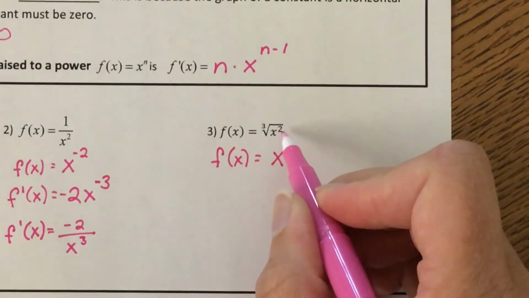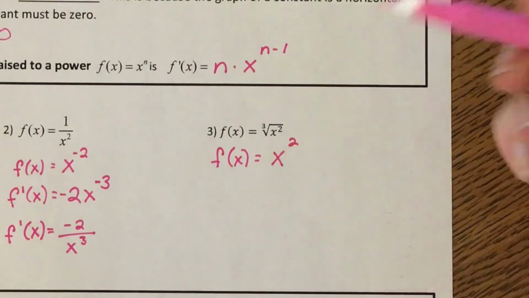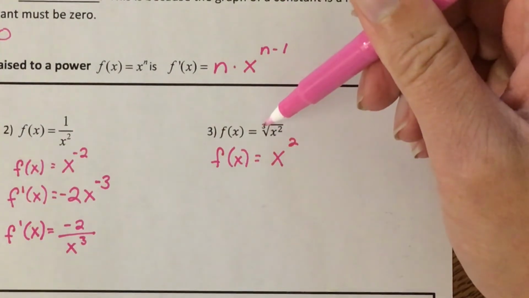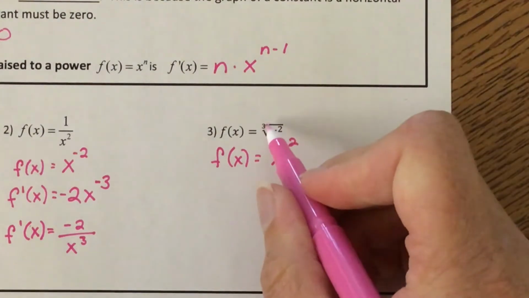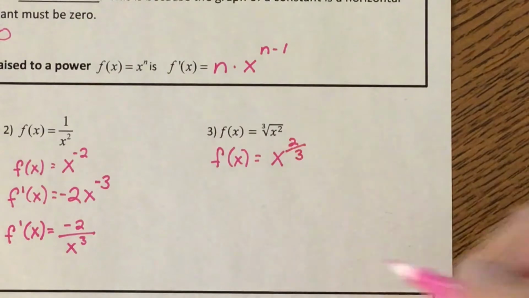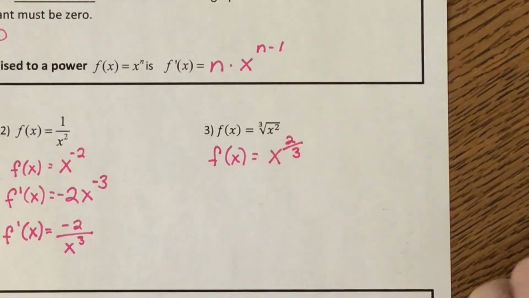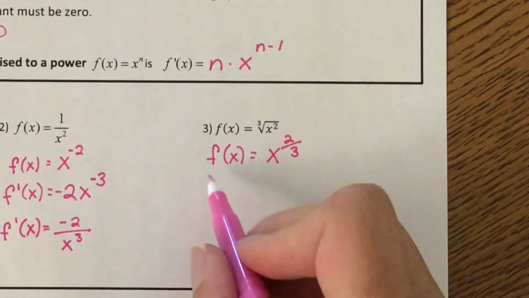The power was a 2, so it's like x squared, but this has a radical of a 3. So the cube root, you can really just take that little 3 and make it as like a denominator for the exponent. I'm going to review that here in a second, but let's go ahead and take that derivative.